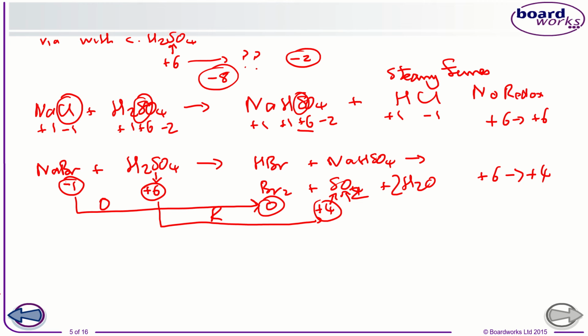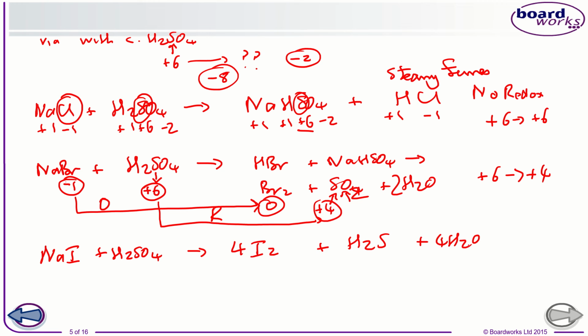Okay, let's look at the next reaction that we would use, which is an iodide ion, again with concentrated sulfuric acid, of course. And this time we will get a mix of products. We will get iodine molecules, we will get hydrogen sulfide gas, and we'll get water as well. Not a huge deal, but anyway, we will get them. I haven't balanced these equations, but okay.